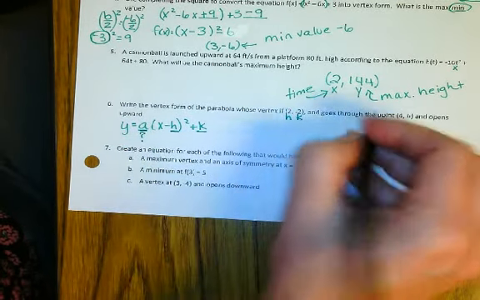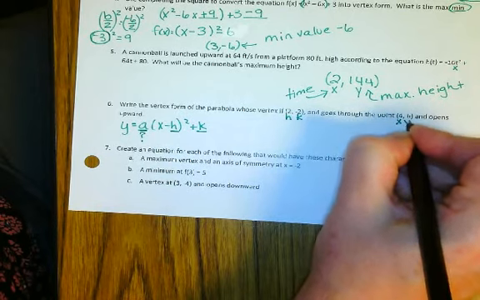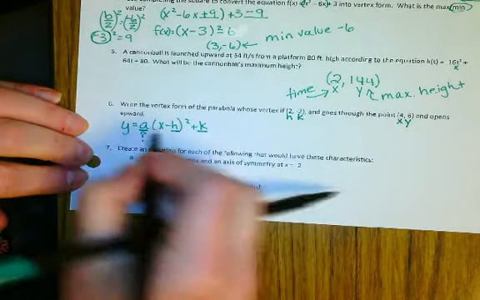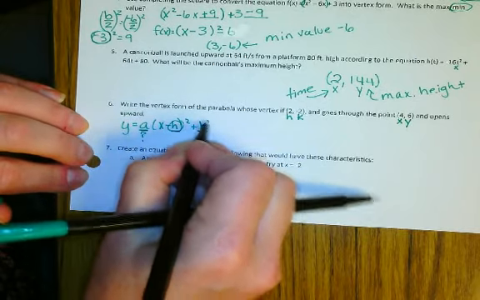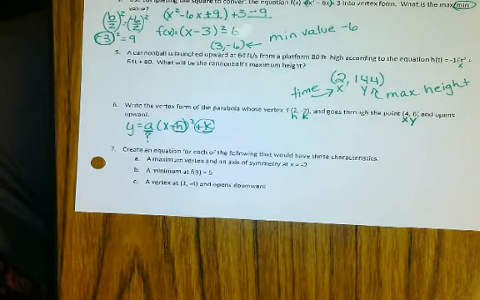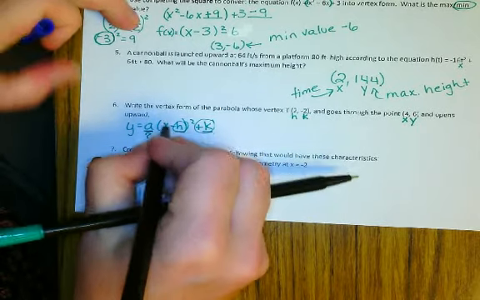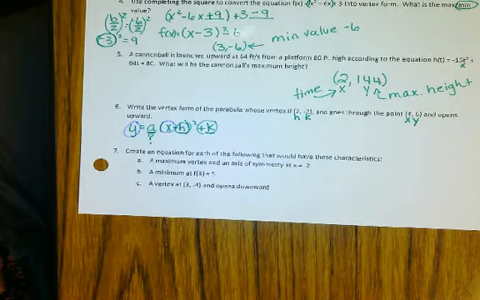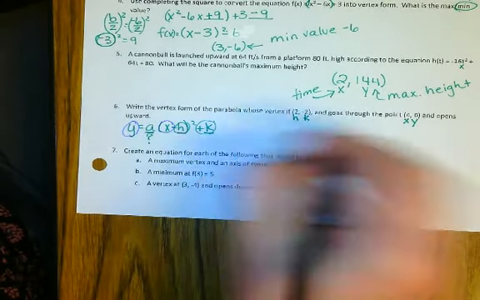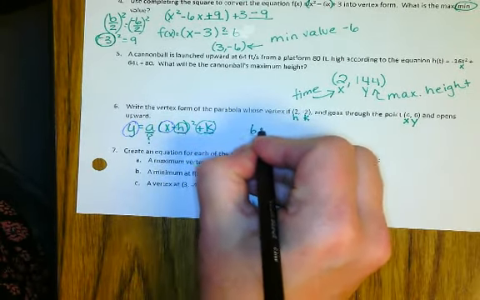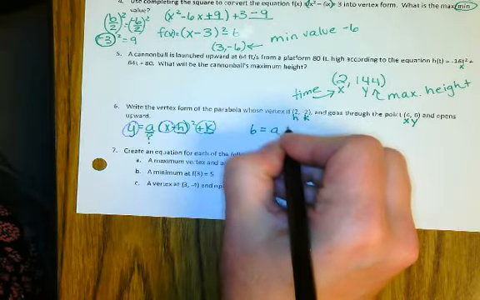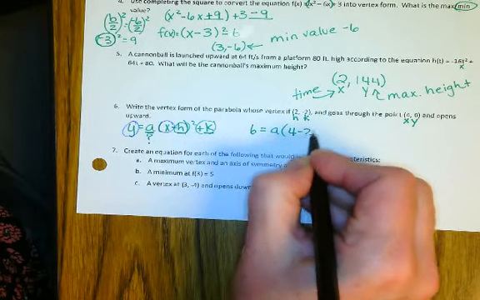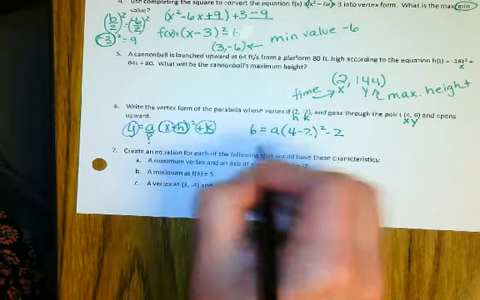Okay, so to do that, they've actually given me this other point, which is an X and a Y. So really, I have 4 pieces of information. They gave me the H and the K, okay? They gave me the X and the Y. So really, the only variable left to find would be that A. All right, so the Y is 6, so 6 equals A times 4, which is X minus 2 squared, minus 2.